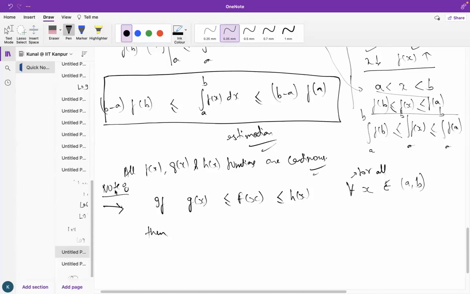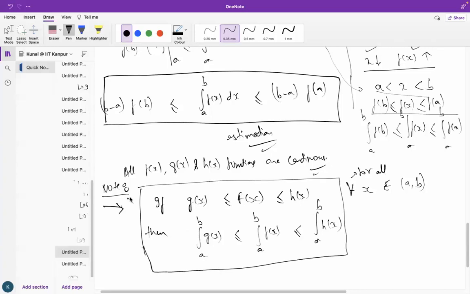These are the following properties that we follow. If we integrate g of x from a to b, it is less than or equal to the integral of f of x from a to b, and this is less than or equal to the integral of h of x from a to b. So this is the thing.